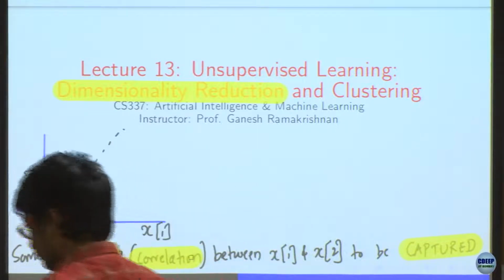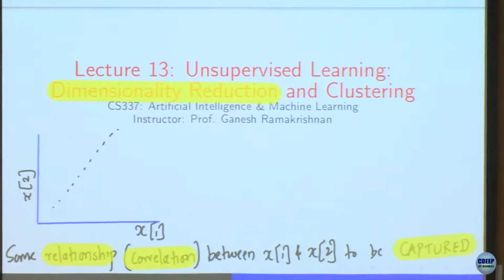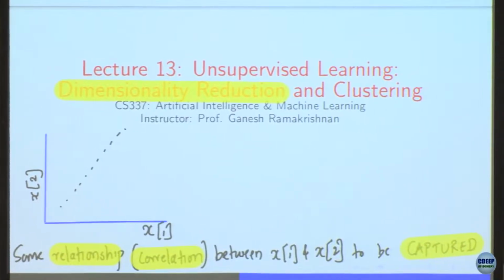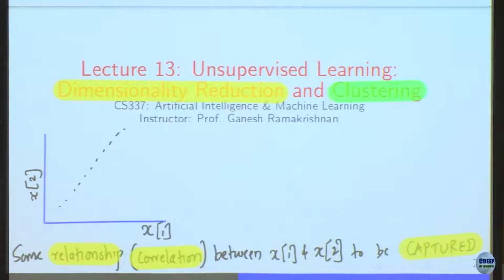We'll do that, and then we'll look at clustering, which is another view of the data. It says, instead of correlating the variables x1 and x2, I'll try to identify groups of the points. Again, a bird's eye view. As the name says, if you see that points are grouped together, you can try and discover them.